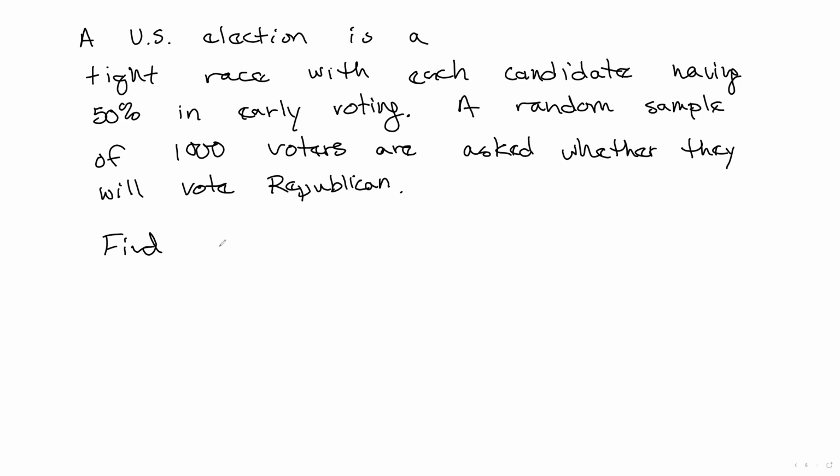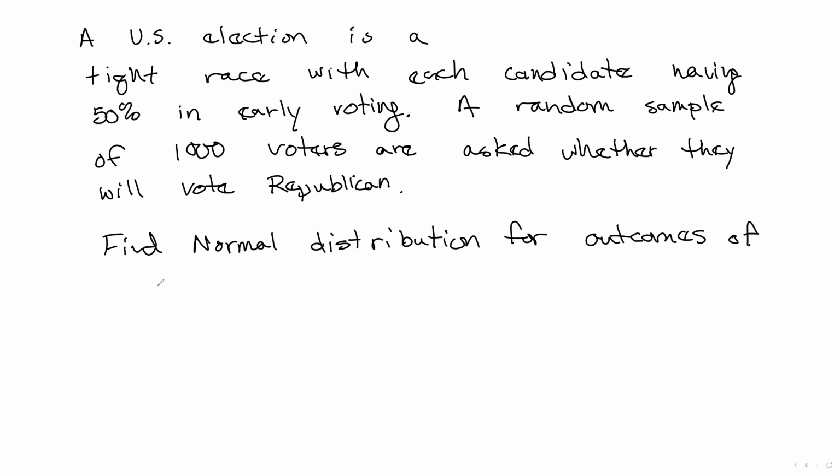So our instructions are find the normal distribution, and then what's the probability that a randomly selected outcome will be within 2 standard deviations?